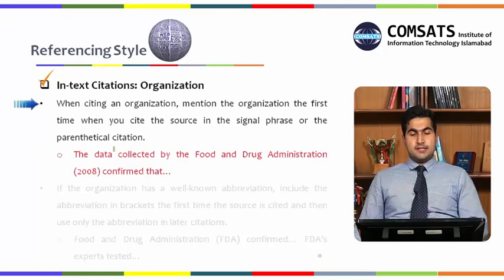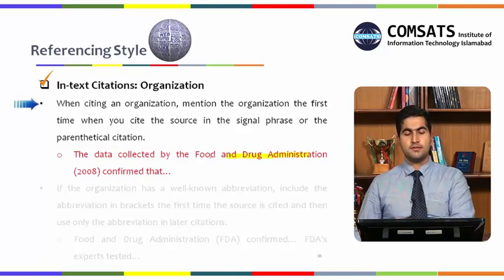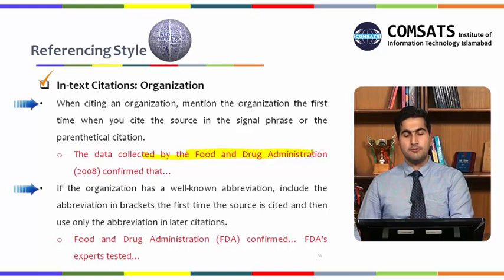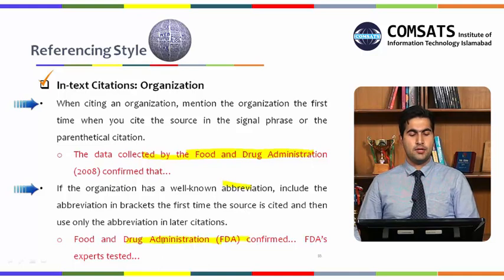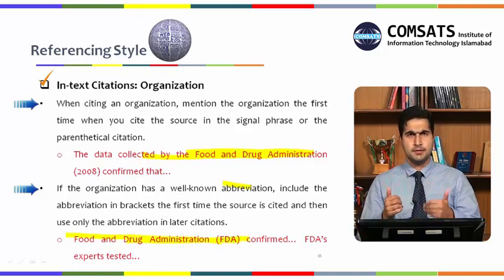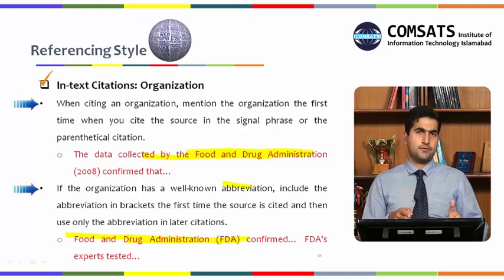Now talking about the organization, we are not talking about authors. If we are looking at an organization's name which is being used for the first time, you simply use the organization's full name at the very beginning: Food and Drug Administration. If the organization has a well-known abbreviation, for the first time you mention Food and Drug Administration, and alongside you mention the abbreviation as well, so that the reader becomes aware that whenever you use FDA, it refers to this.